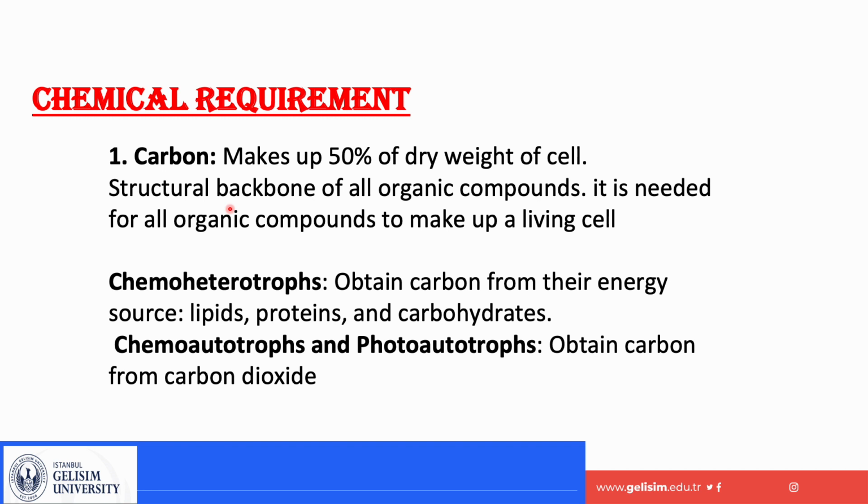Carbon is a crucial element for the structure and function of all living cells, making up about 50% of their dry weight. Bacteria have different nutritional requirements for carbon, which chemoheterotrophs obtain from organic sources such as lipids, proteins, and carbohydrates, while chemoautotrophs and photoautotrophs will obtain it from carbon dioxide.